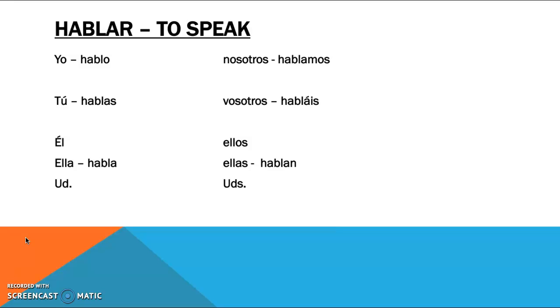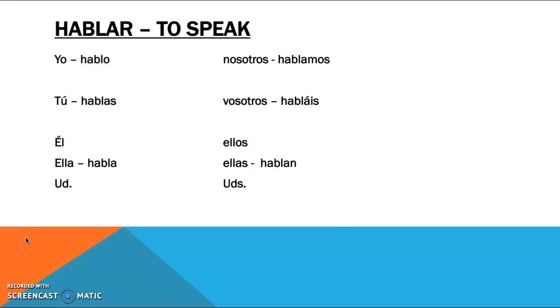Now we are going to go down to the él, ella, usted form. Again, we are going to start with our stem, HABL. Our ending for an AR verb is the letter A. So now we have habla. So él habla, he speaks. Ella habla, she speaks. And usted habla, you formal speak.